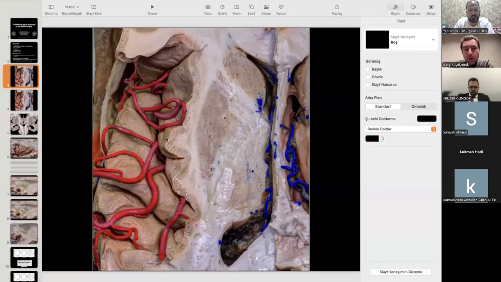So let's go into more detail. The central core includes the insular cortex.